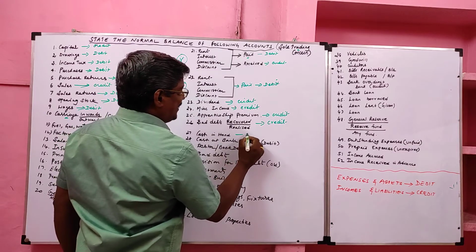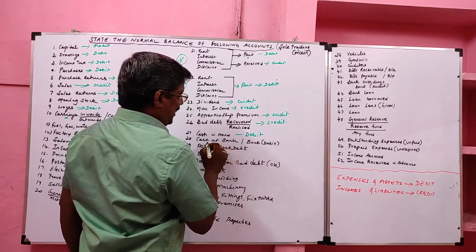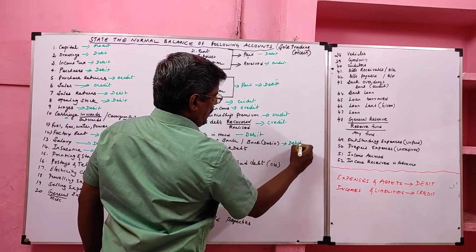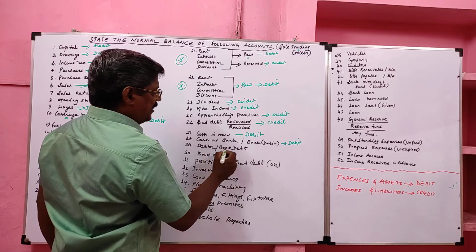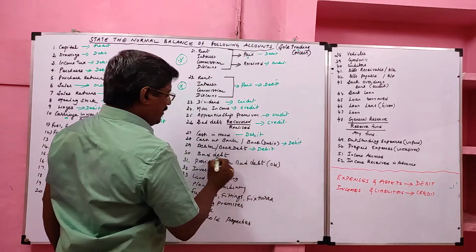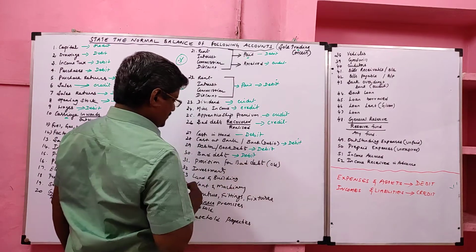Cash in hand is an asset, debit. Cash at bank, debit. Debtors or book debts, asset, debit. Bad debts is a loss, debit. Debit all expenses and losses.